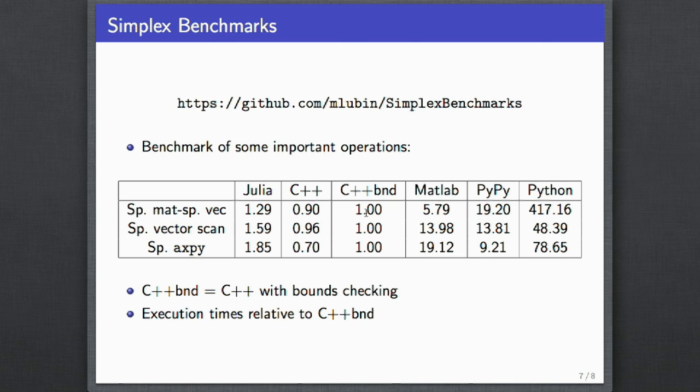And the third is sparse AXPY, that's the BLAS syntax, so adding a sparse vector update with some additional if conditions on each iteration. Here we have times for Julia, C++, C++ with bounds checking, MATLAB, PyPy, and Python. The execution times are relative to C++ with bounds checking.